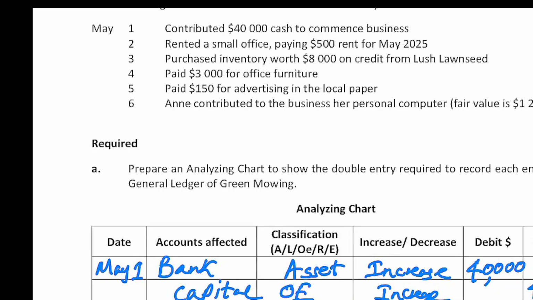Okay? Right. Now, May 2nd. What is the transaction on May 2nd? Rented a small office. Paying 500 rent for May. What are the items affected?